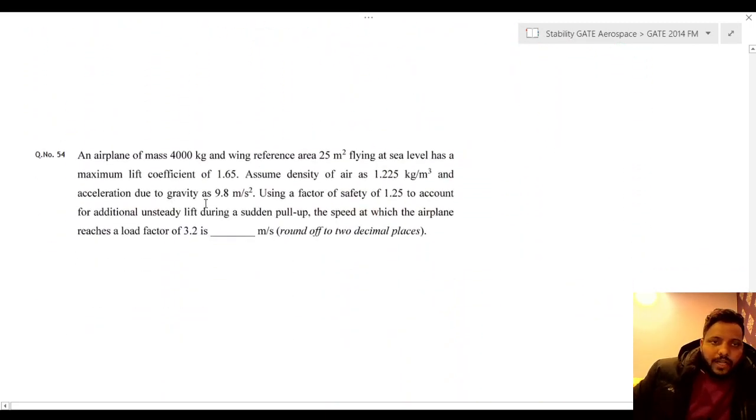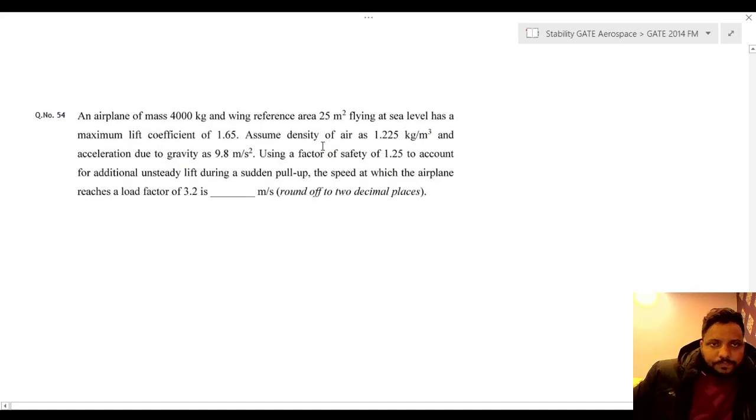Okay. Now the last question is question number 54. Question number 54 states that an airplane of mass 4000 kg and wing reference area of 25 meter square, flying at sea level, has a maximum lift coefficient of 1.65.